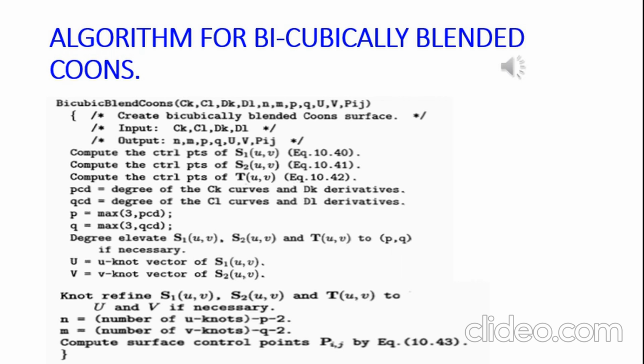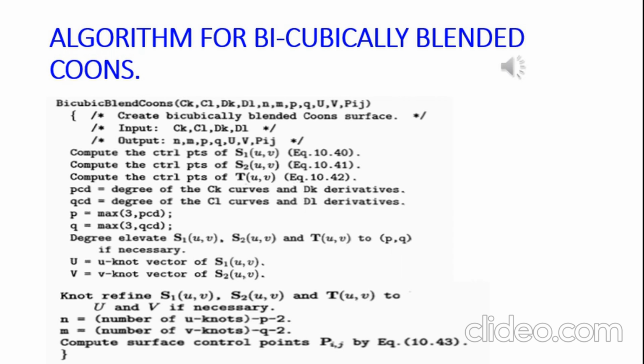And after we get those values, we need to calculate the degrees of the Ck curves and dk derivatives, and also the degrees of the Cl curves and dl derivatives, denoted by pc,d and qc,d respectively.